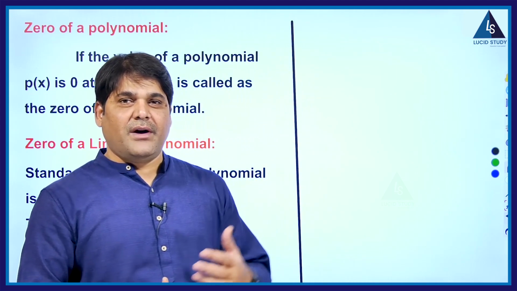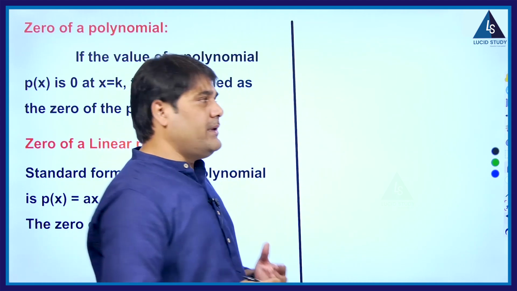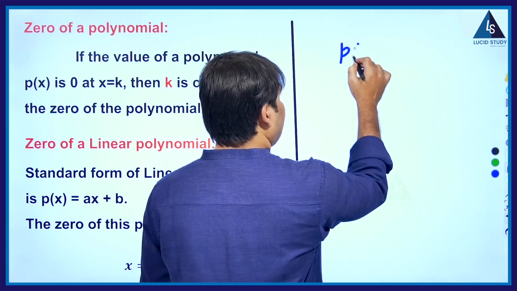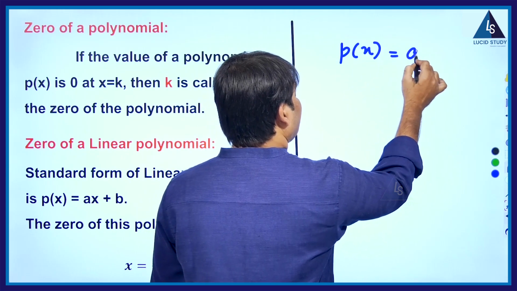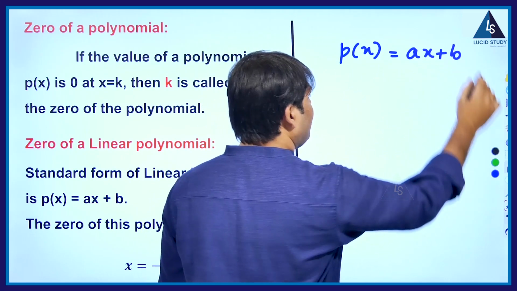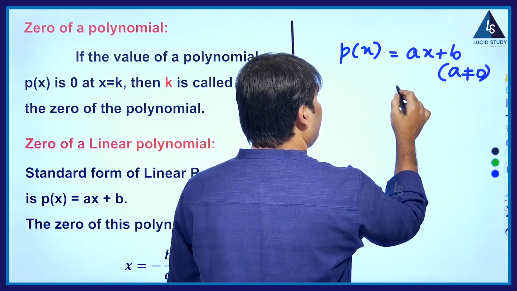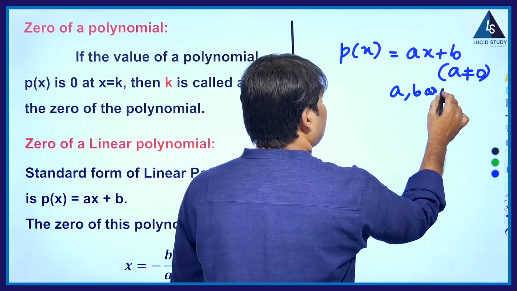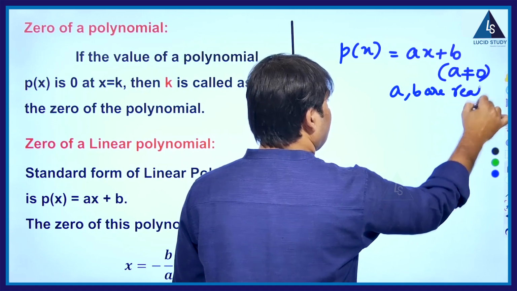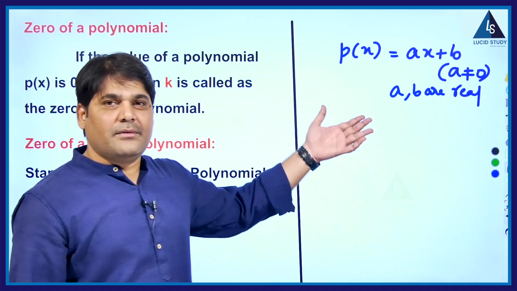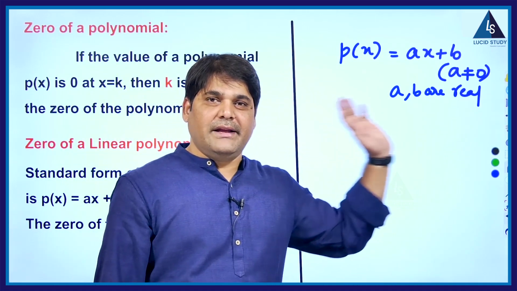The standard form of your linear polynomial will be p of x is equal to ax plus b, where a is not equal to 0 and a, b are real numbers. This is the standard form of your linear polynomial.